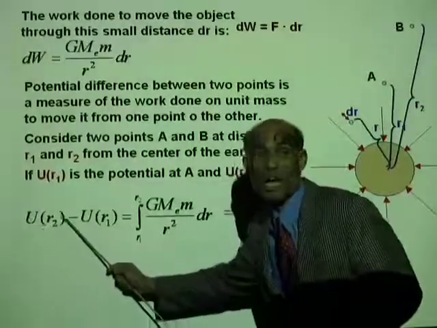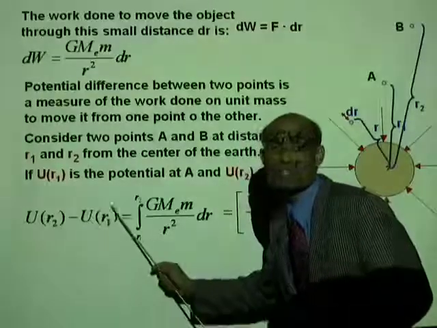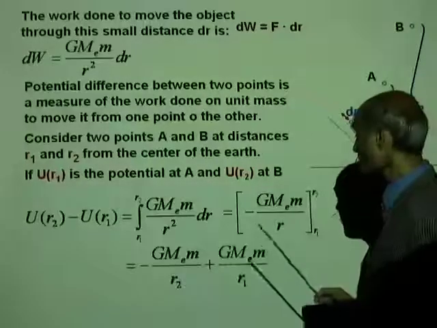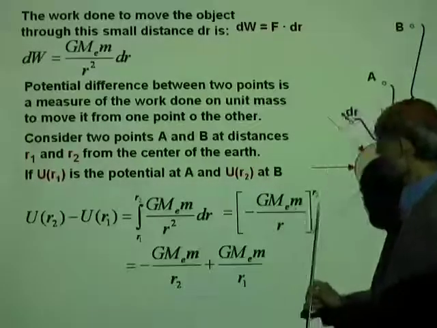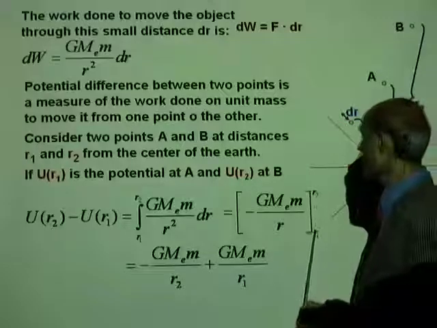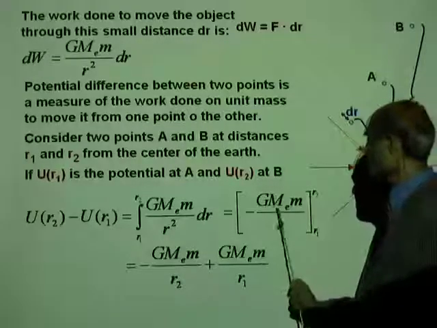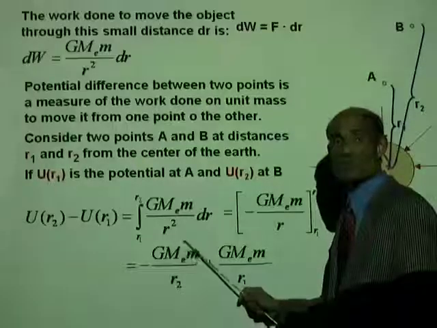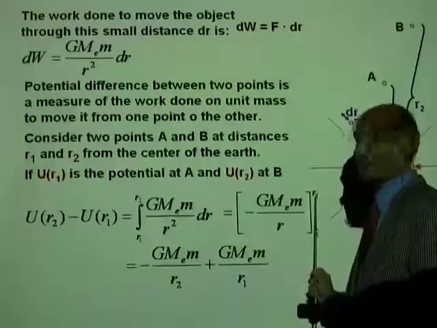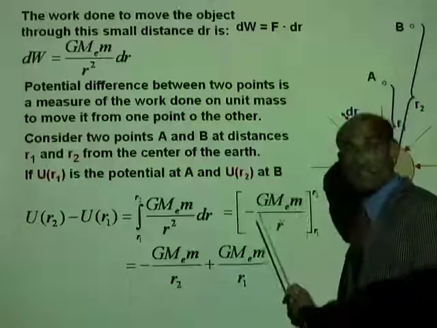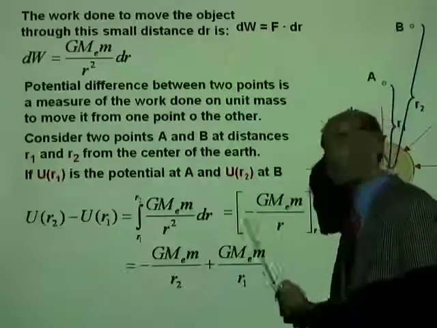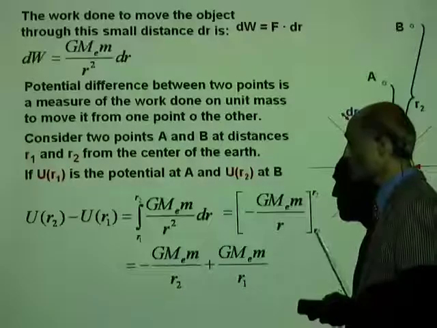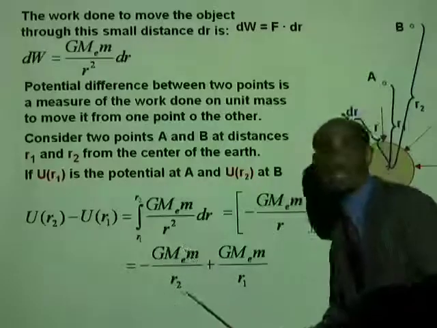The potential at B minus the potential at A is the potential difference between the 2 points. Well, if you now put in the upper limit and the lower limit, this r becomes r2, negative G M_E m over r2. Now, you know how to do that. Minus negative will become positive G M_E m over r1. So the right side is now this.